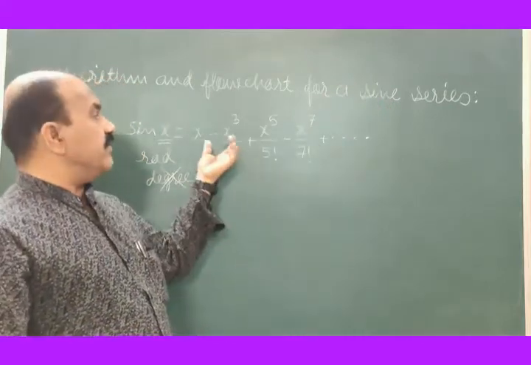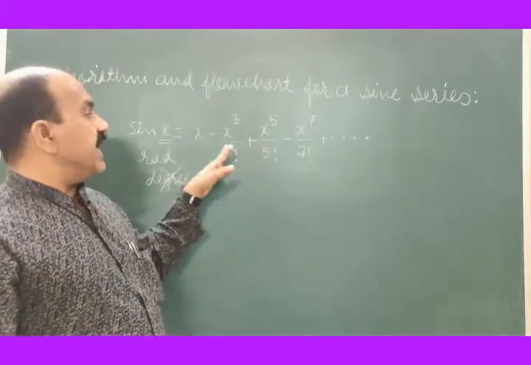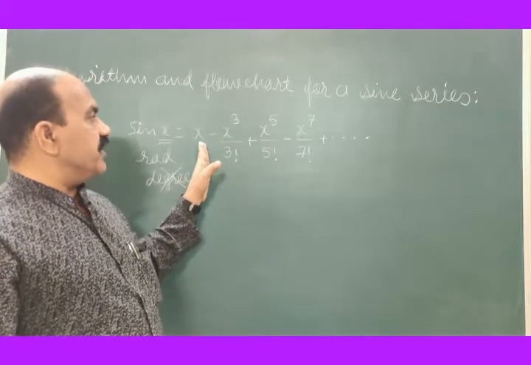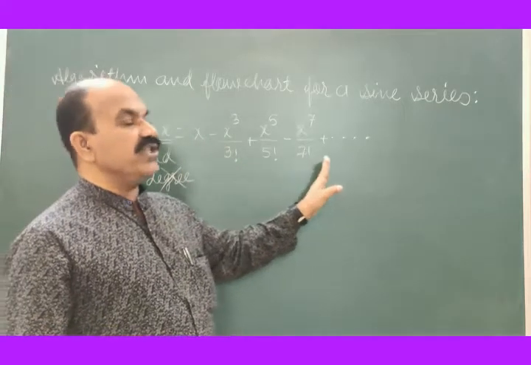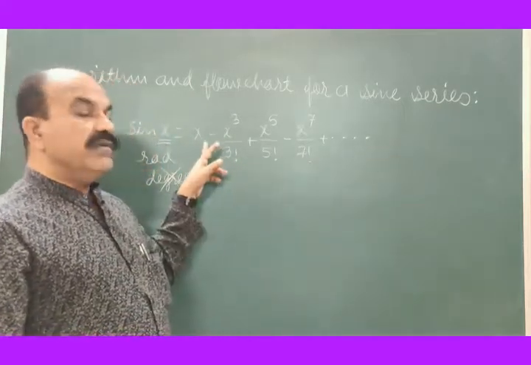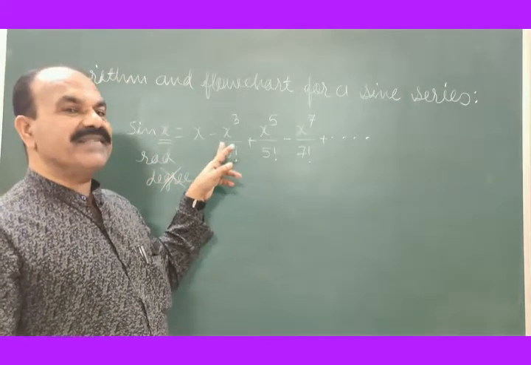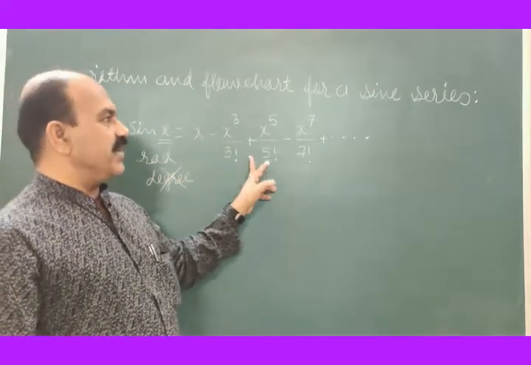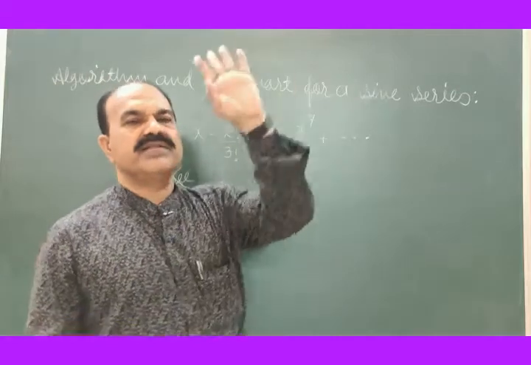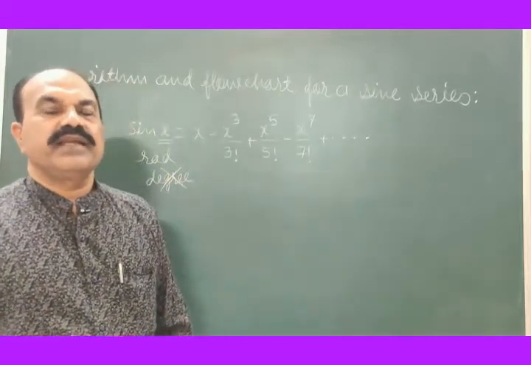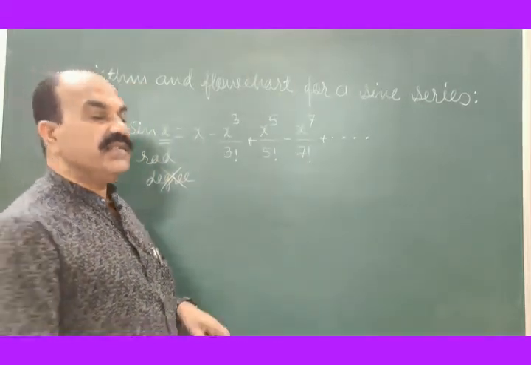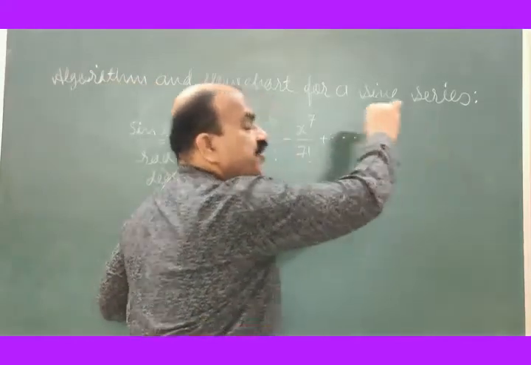At the same time, we have to add these terms, with alternate minus signs: plus, minus, plus, minus, and so on. And you have to decide how many terms you want to take.